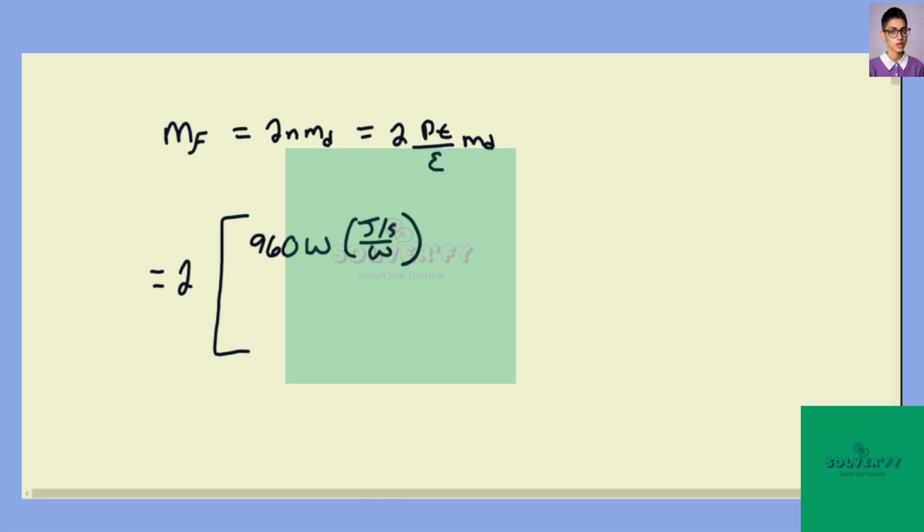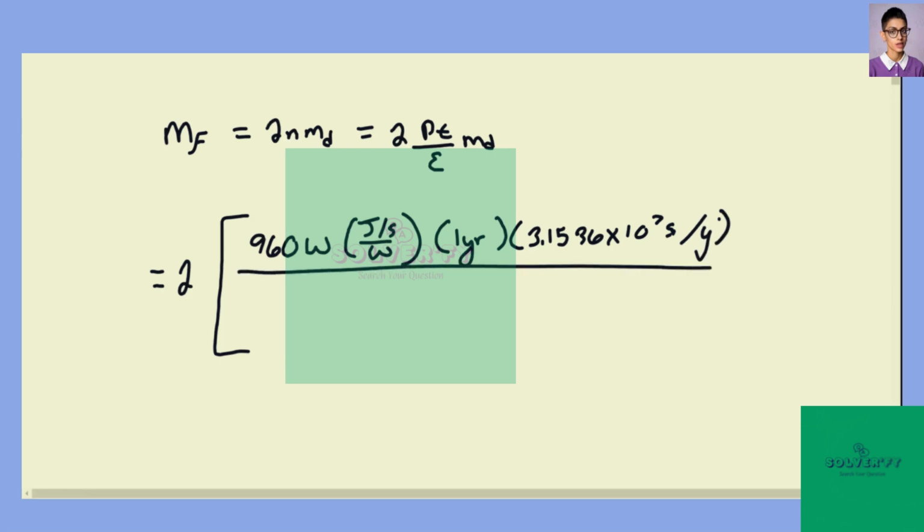We have a time of 1 year, and we're going to multiply this by seconds, so 3.1536 times 10 to the 7th seconds per year. All over this thing.